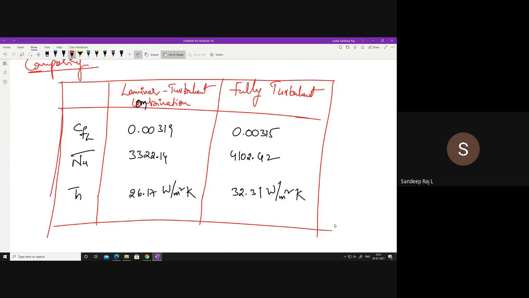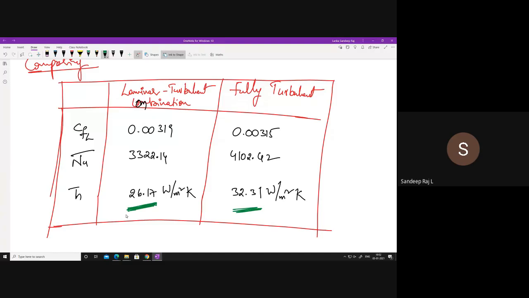In this comparison, can you learn anything here? If the laminar-turbulent flow is considered, the H value is very less compared to the fully turbulent case. So if you keep on increasing the H value, that will not be a correct estimation of your H value.